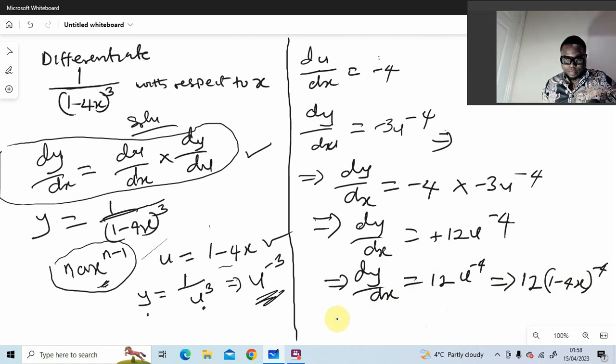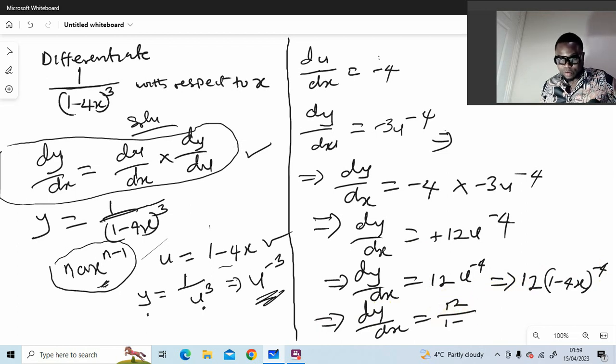That is it. You can leave the answer like this, or, because this is minus 4 in indices, it can turn out to be dy over dx equals 12 over (1 minus 4x) raised to the power of 4. When you remove the minus sign from the exponent, it becomes this. So these are the same thing, and that is the answer.